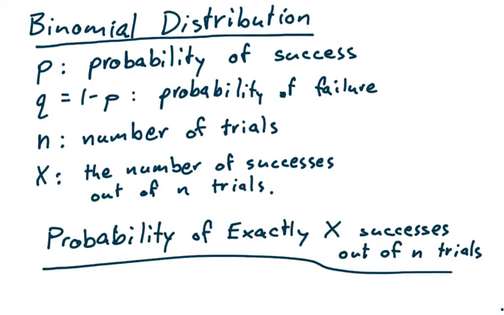Now there is a formula for a function essentially that gives us the probability of getting exactly X successes out of N trials, and it only depends upon the number of successes, how many trials, and the probability of getting the success, because that, of course, gives us the probability of a failure.